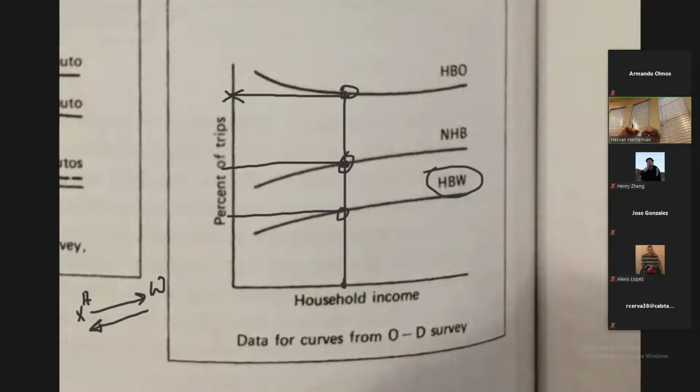Now, this graph shows you the number of trips per purpose. The other one that I showed you on the table was all together, not by purpose. Any questions on the cross-classification method?